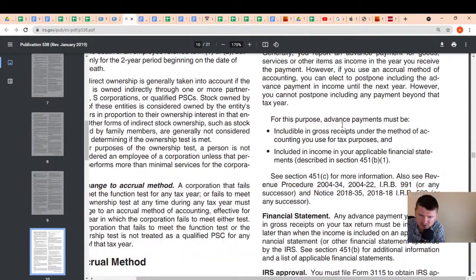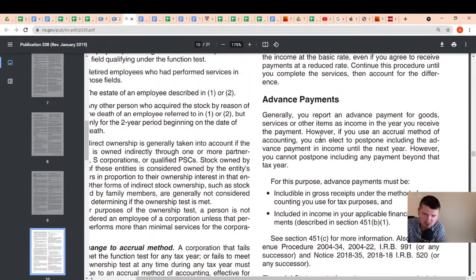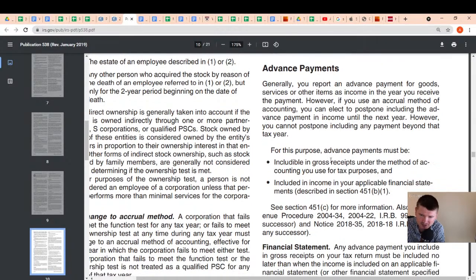For this purpose, advance payments must be includable in gross receipts under the method of accounting you use for tax purposes and included in income in your applicable financial statements. So basically they say if you use accrual basis, you can elect to postpone including the advance payments in the income until the next year.